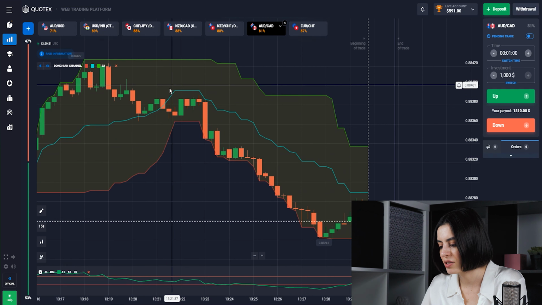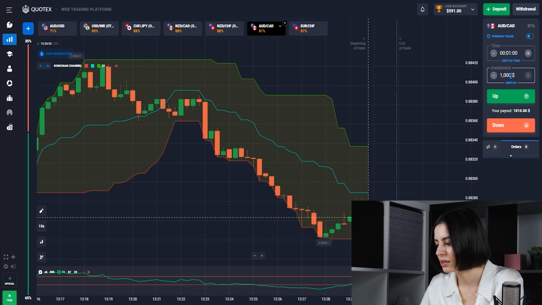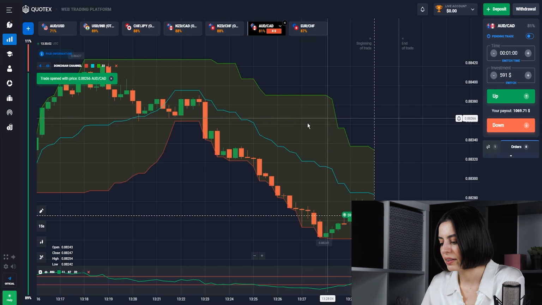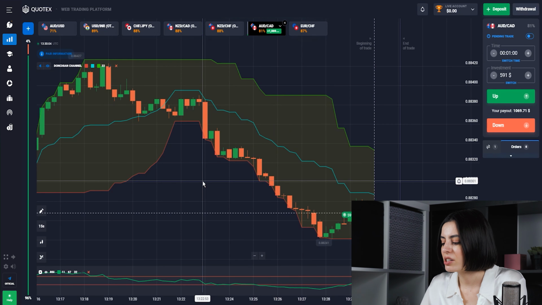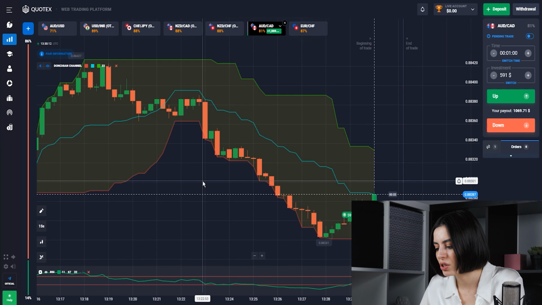The bet for us, I would say, is going to be an upward one. Let's change. So I've changed, and let's make this an upward one. Look at the RSI. Yep, it's getting a little bit flat, but the tendency is rising. And look also at the lines of the downtrend channel.